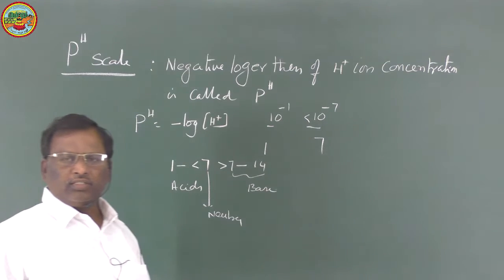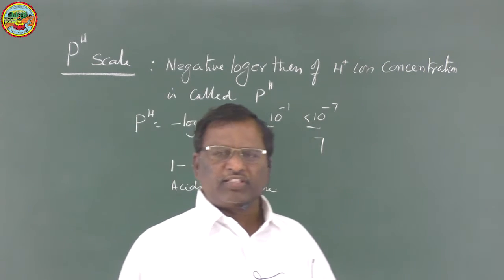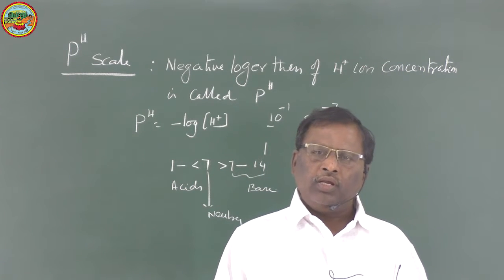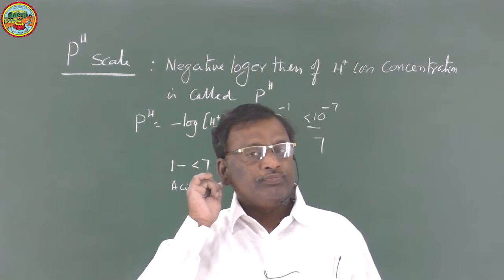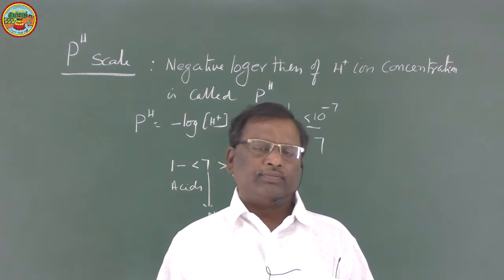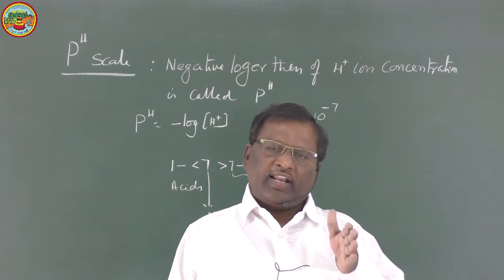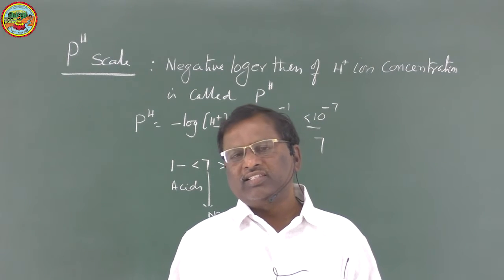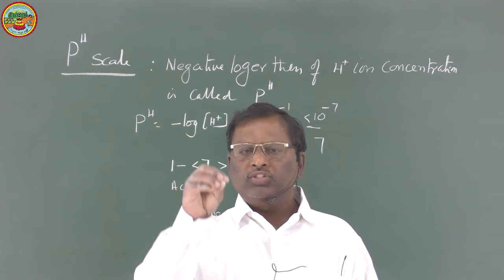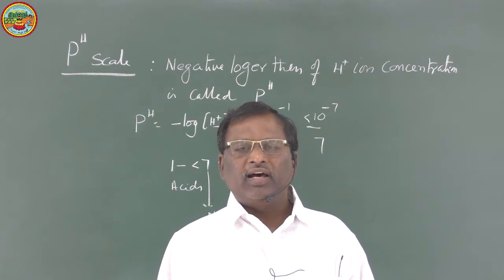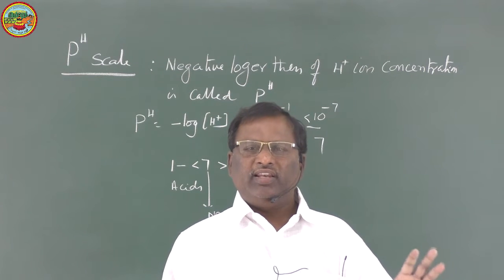Those solutions whose negative log of H plus ion concentration is between 1 to less than 7 are considered as acids. Greater than 7 to 14 are considered as bases. For those solutions whose pH is 7, they are considered as neutral in nature.